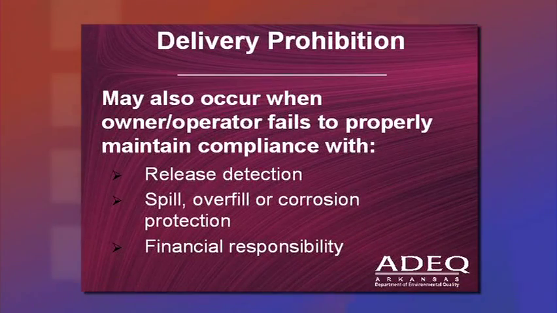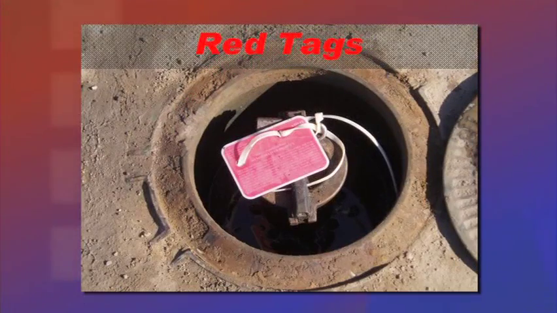You can also be red tagged if you fail to properly maintain compliance with these same things: release, spill, overfill, or corrosion protection, or if you can't meet your financial responsibility. That's what it looks like on your fill pipe. And if this happens at your facility, then you get to come back to this class and do this glorious little session again within 45 days. So once you're certified here today and you're not red tagged, then this certification will go on forever.